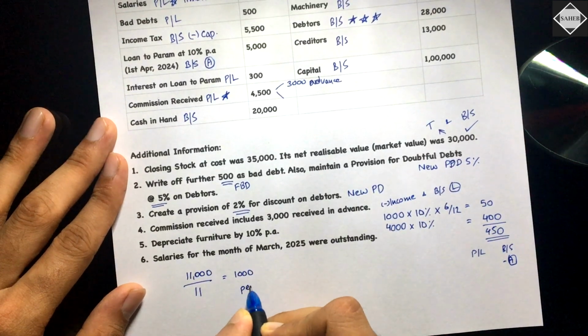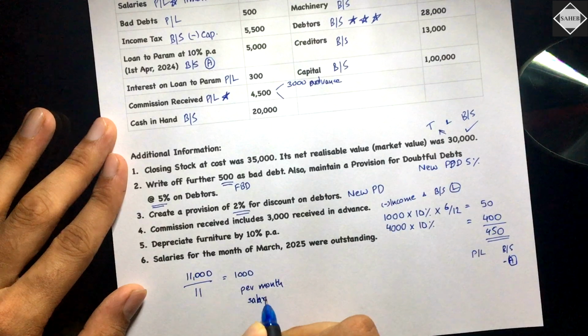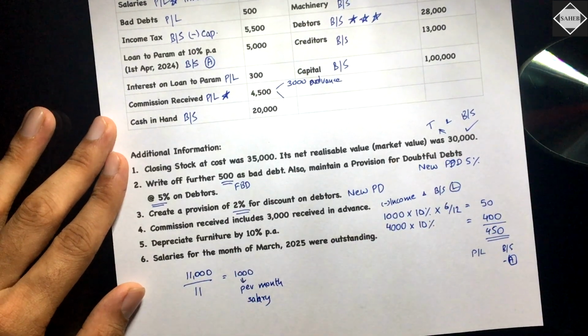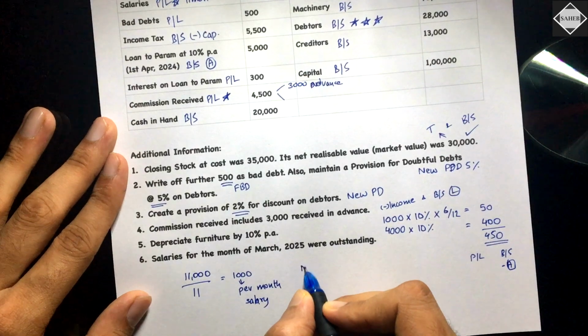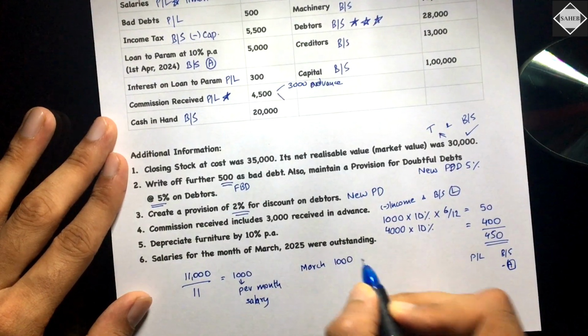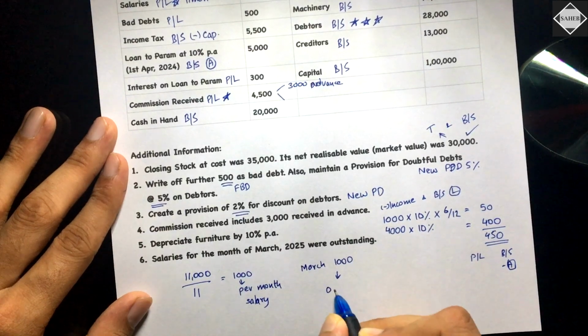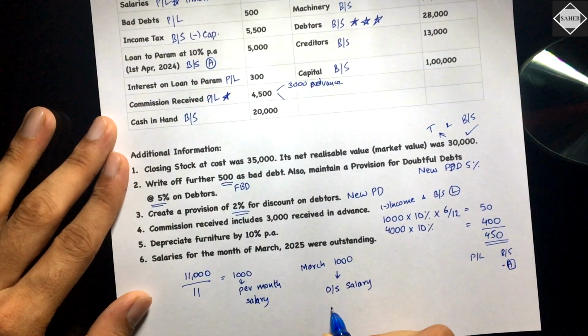This is per month salary, isn't it? Now we can easily know what is the March salary. March salary is also 1,000 only, right? And this is outstanding salary. What happens of this? Really simple.